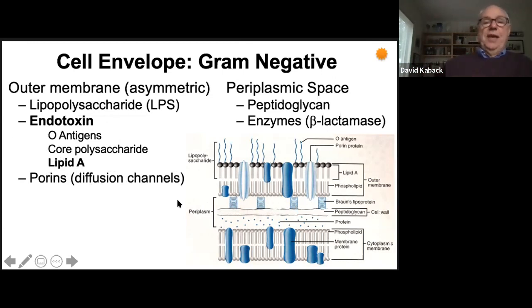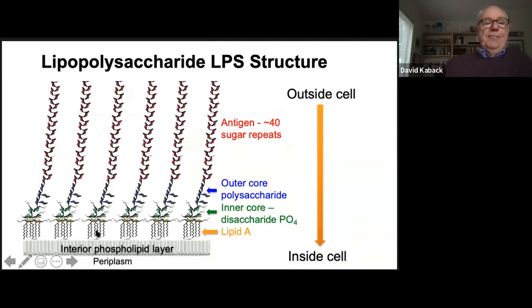In addition, we have proteins like porins that enable stuff to get through the membrane into the periplasm, the space between the LPS and the actual plasma membrane. When we are talking about lipopolysaccharide, what we see here is that outer lipopolysaccharide.